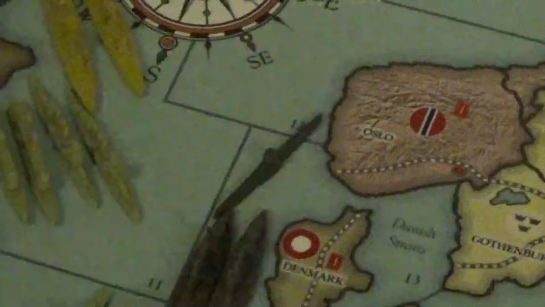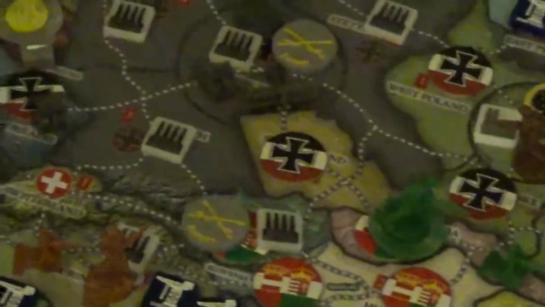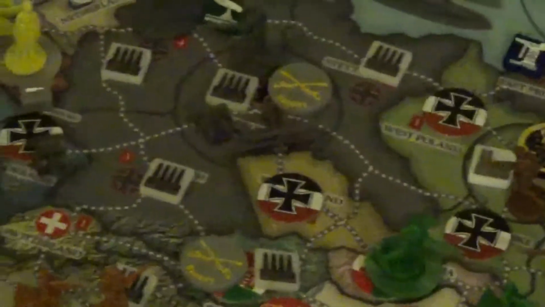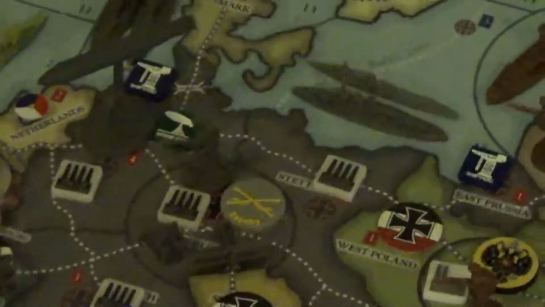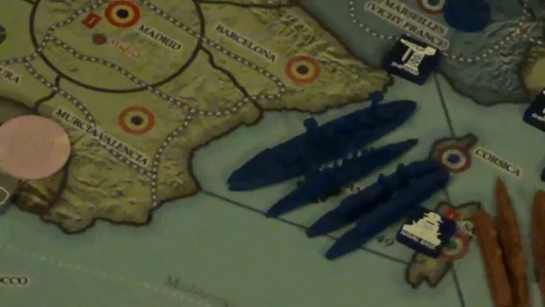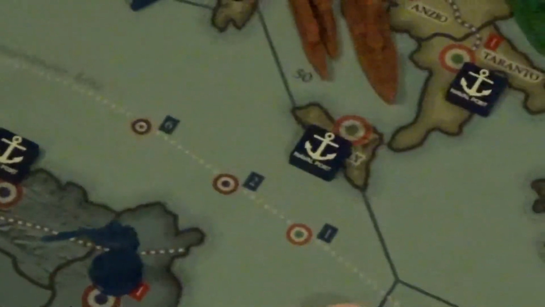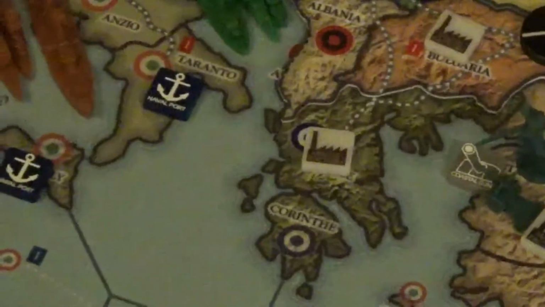Submarines, new unit. Then, of course, as the technology advances, we're going to start introducing tanks and aircraft carriers. That'll be near the very end. There's a bunch of other new stuff, but I'm totally drawing a blank here.